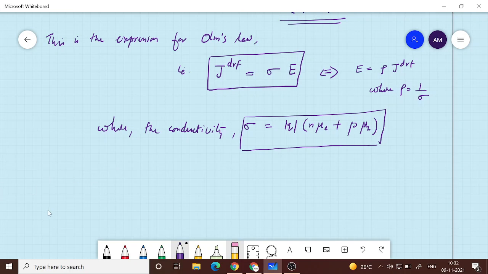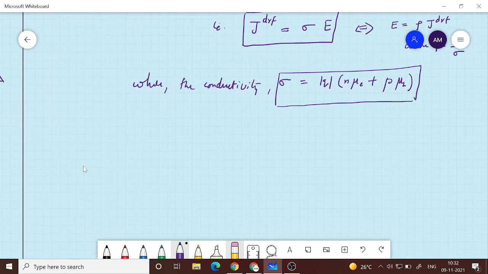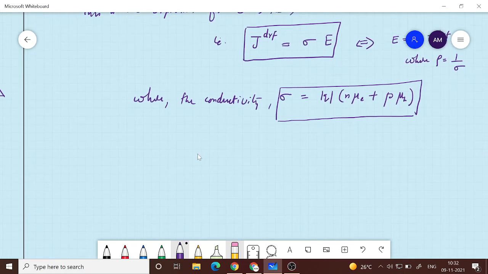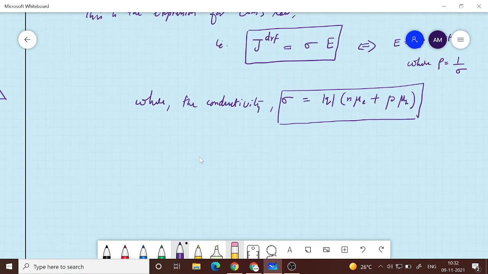So conductivity is a material property, whereas conductance and resistance have material property plus geometrical aspects. And we can go from one to the other, as I told you.